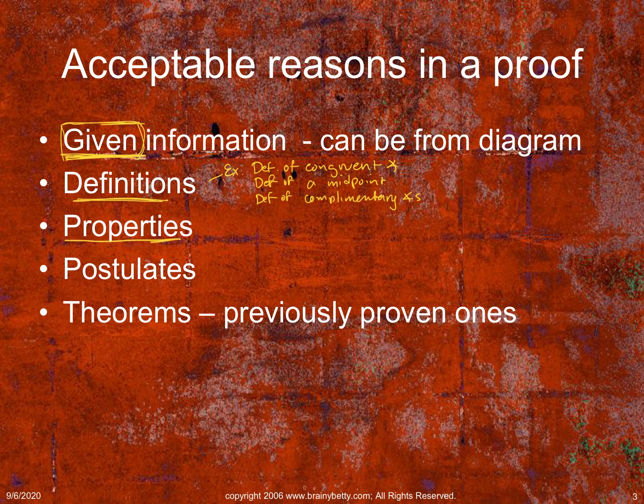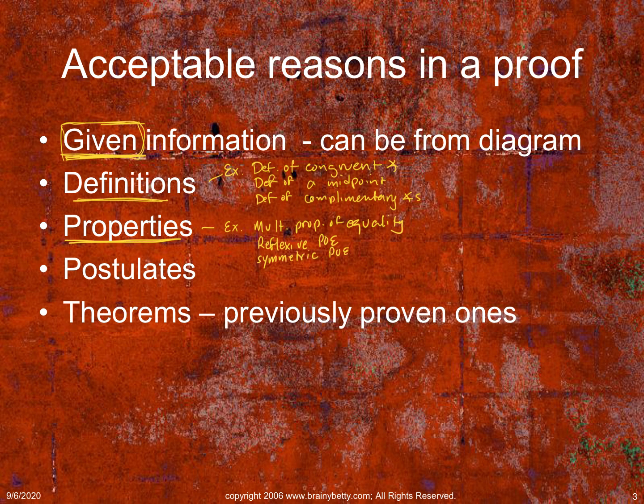Properties, again. We've learned lots of properties this year. For example, multiplication property of equality. We talked about that yesterday. We talked about the reflexive property of equality. We talked about the symmetric property of equality, and so on and so forth.